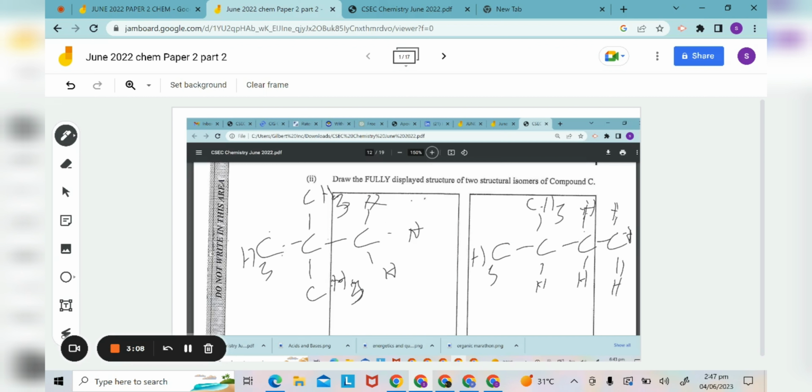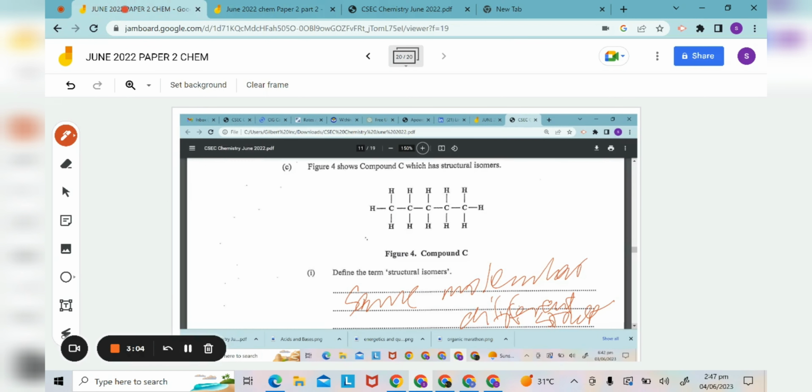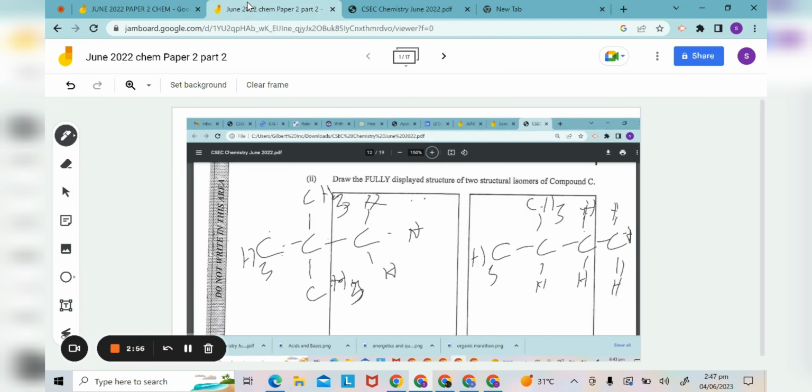So the thing about it is that the compound had actually, here's the compound, 5 carbons and 2, 4, 6, 8, 10, 12 hydrogens. So we need to make sure we draw structures with that same number: 5 carbons, and 3, 6, 9, 12 hydrogens. There you go. And here's another one over here.